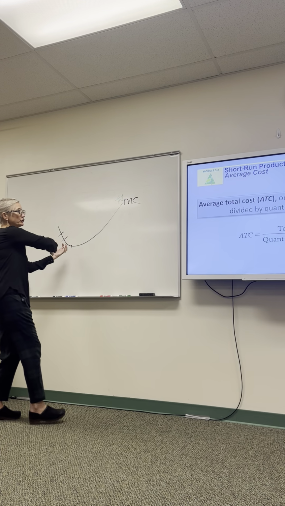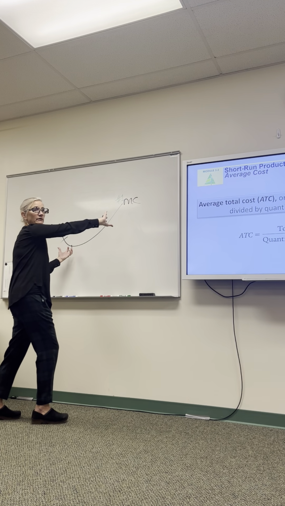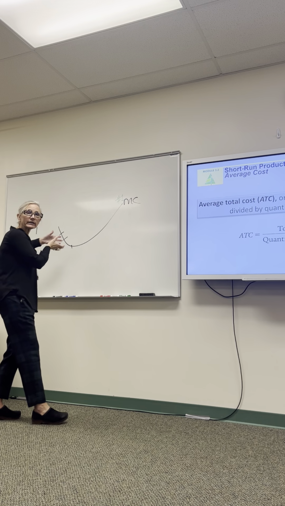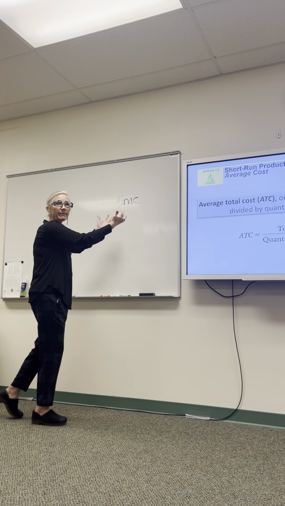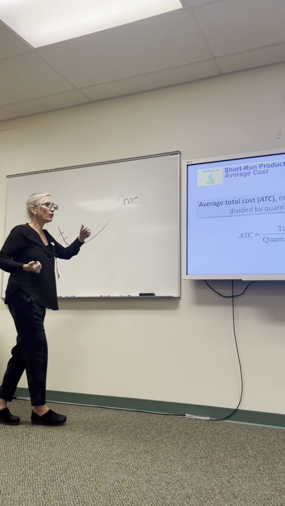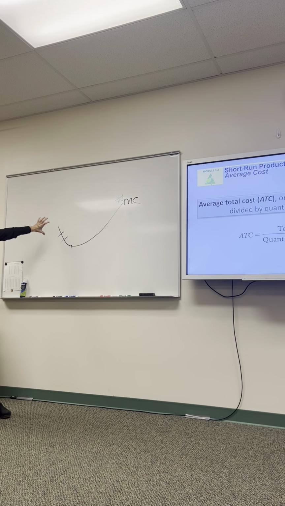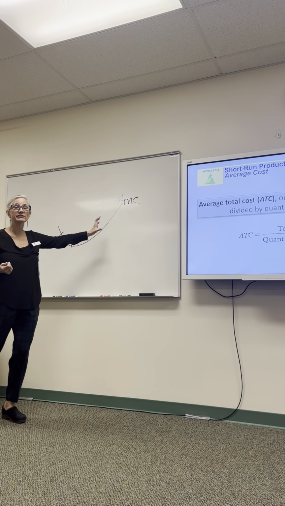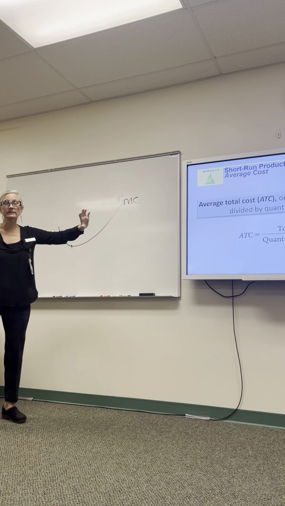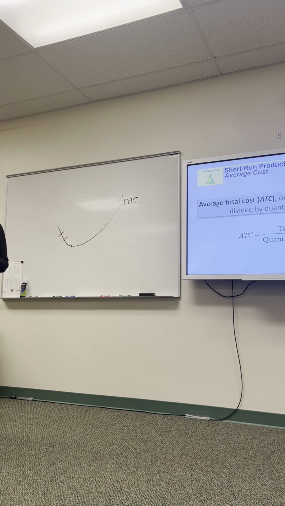And then as marginal costs increase, the marginal is pulling the average back up, okay? So the marginal cost curve is gonna look a little bit more severe. And then in a second, we're gonna look at how the average total cost curve looks more like a bowl kind of shape. All right.